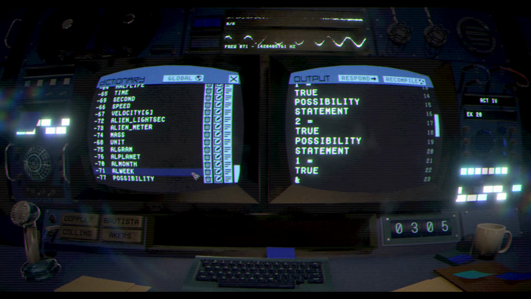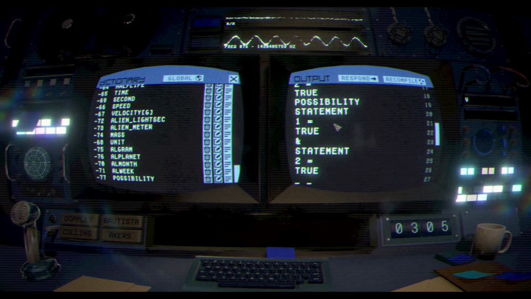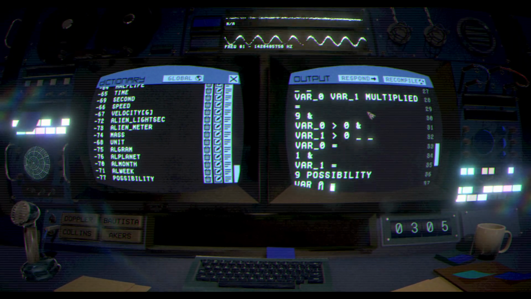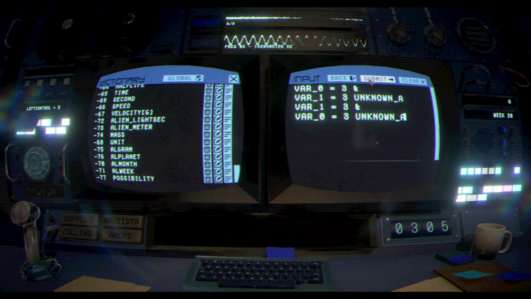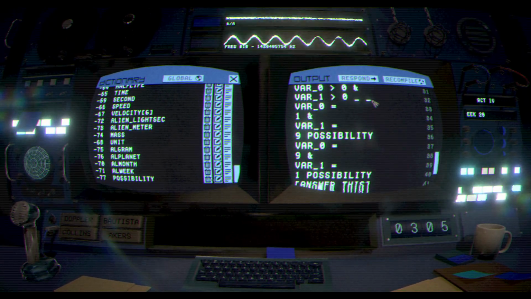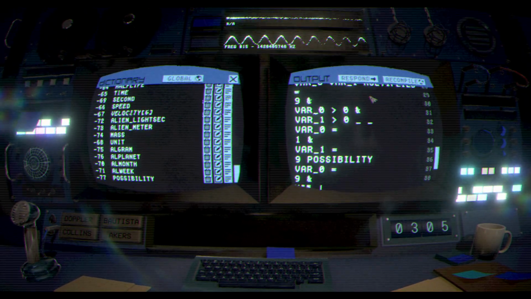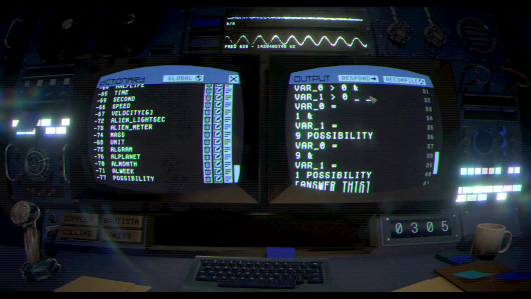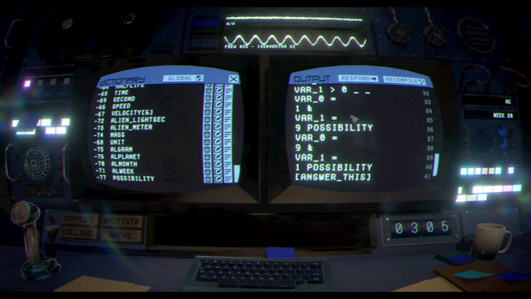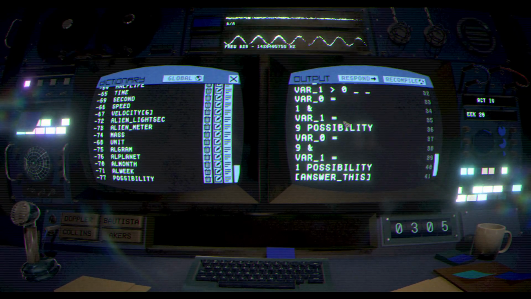Okay, so statement 2 equals true possibility, statement 1 equals true and statement 2 equals true possibility. And then we have var 0 equals 1 and var 1 equals 9 possibility, var 0 equals 9 and var 1 equals 1 possibility.